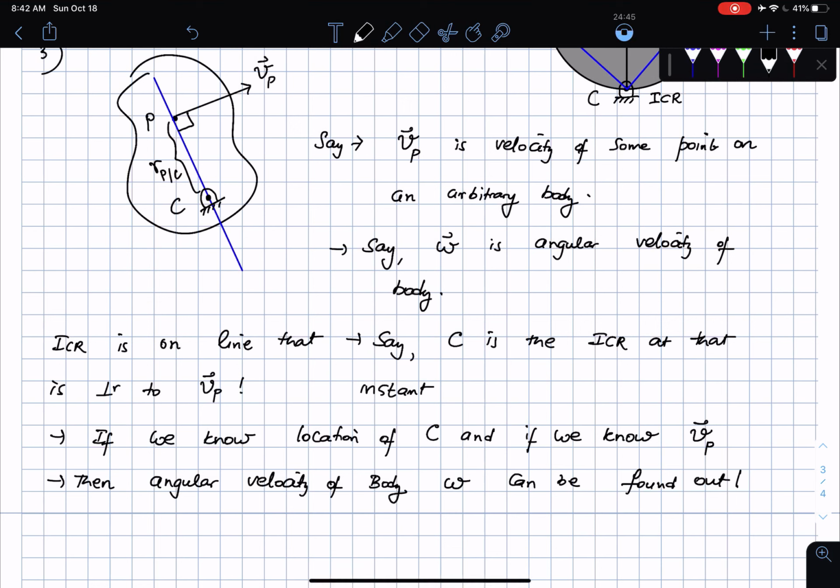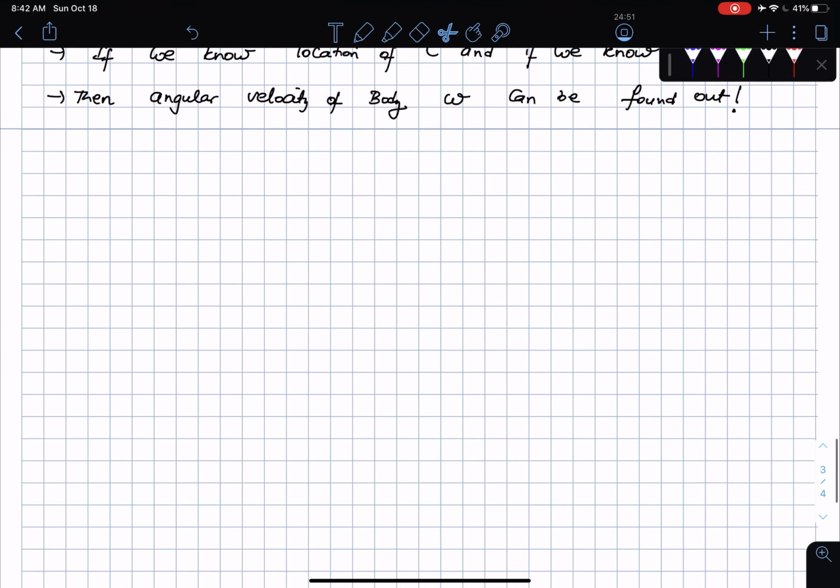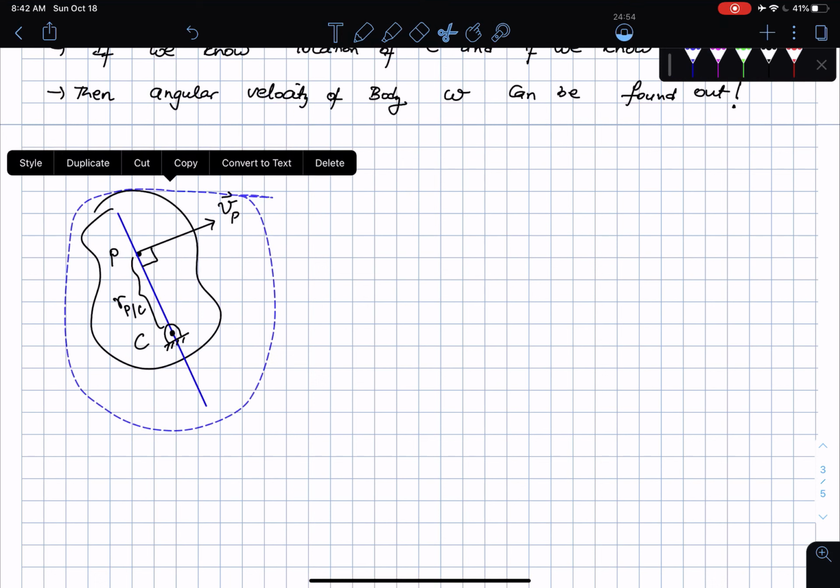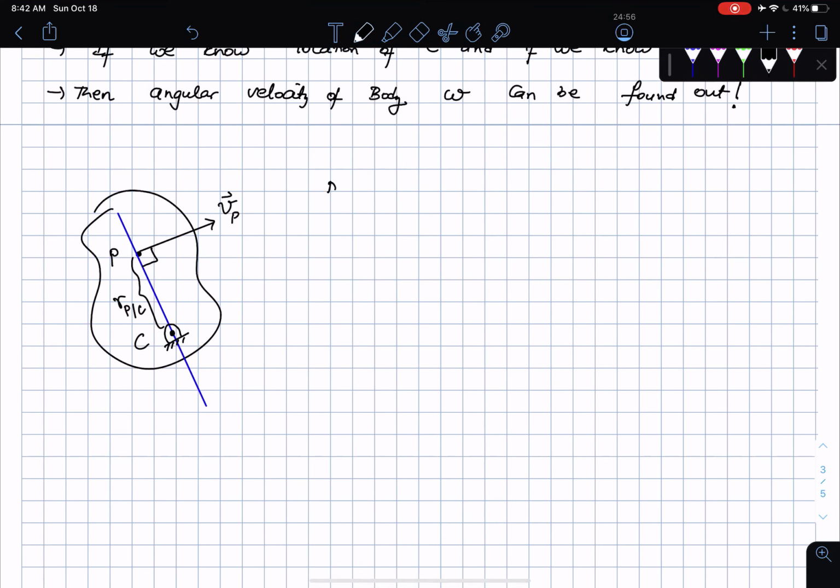How do we do this? Here is how we do it. I'm taking this figure once again. I'm going to copy that, and I'm going to bring that down here.